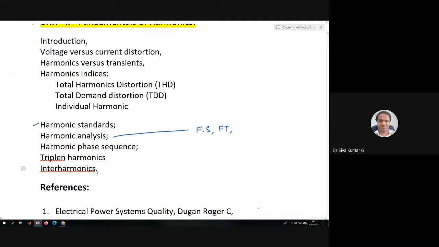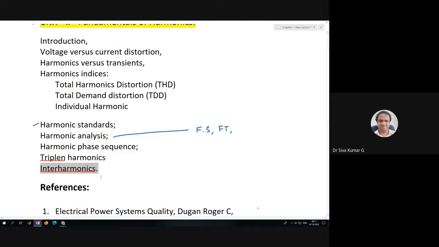These are non-integer multiples of the fundamental frequency. Interharmonics exist basically when you have a PWM based inverter, in which case we will have interharmonics in a system.